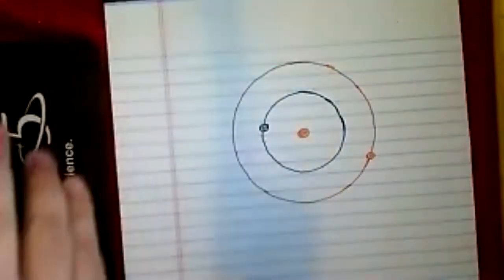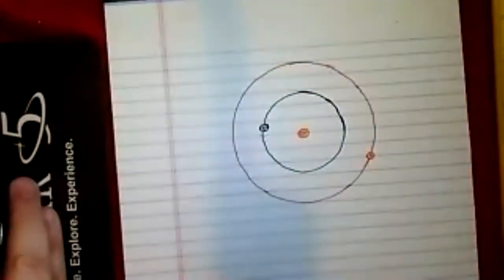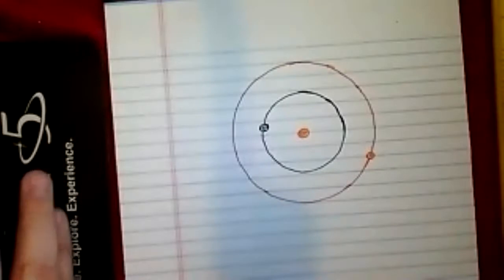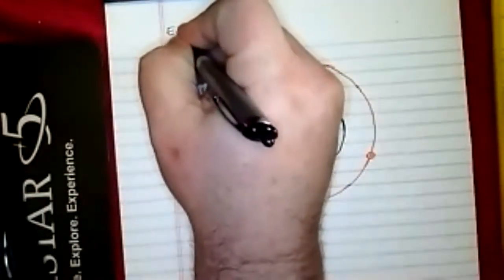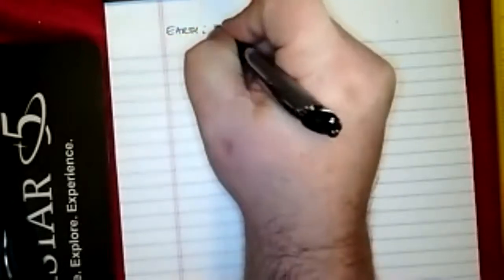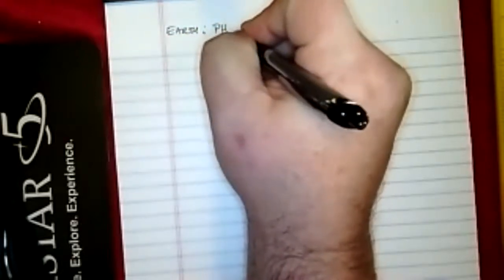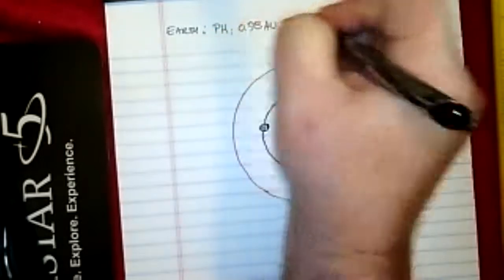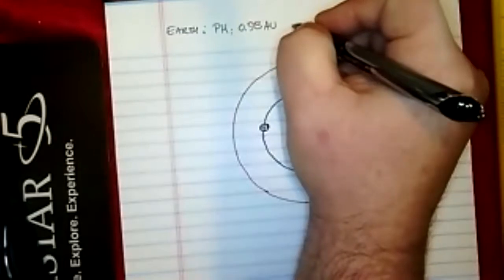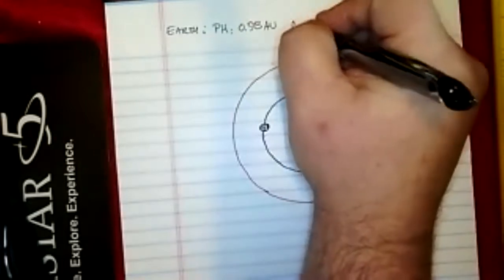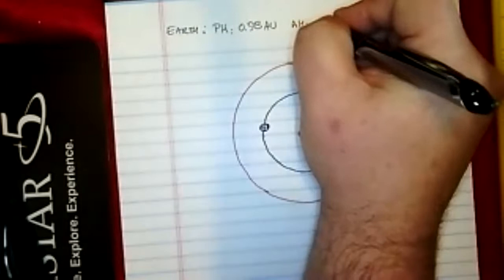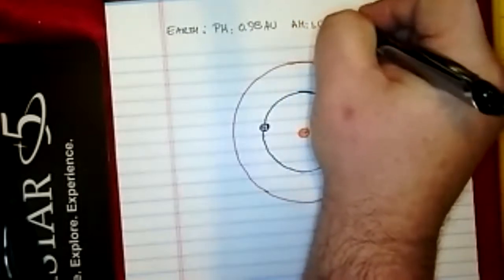So it says that for the Earth, we have, and I think you can see this. Let me double check. Yeah, you can see all this. So for the Earth, we have a perihelion distance, which I'm going to call pH, of 0.98 AU, and an aphelion distance, which I'll call AH, and that's equal to 1.02 AU.